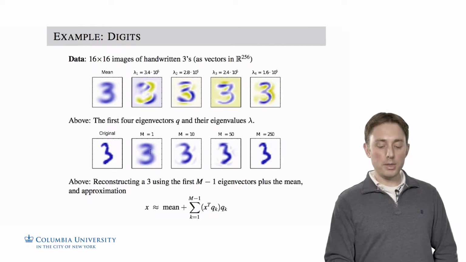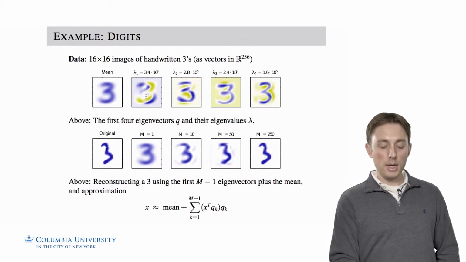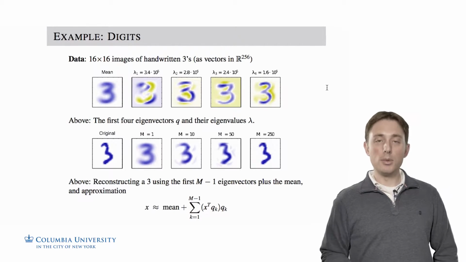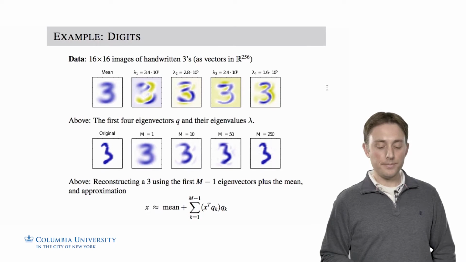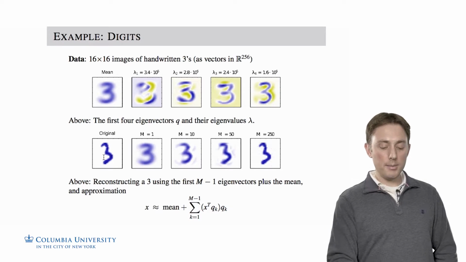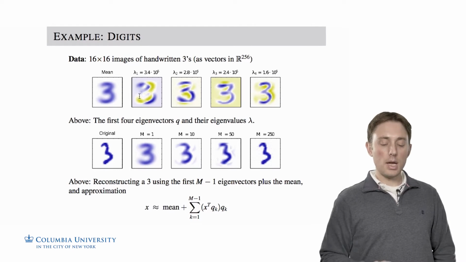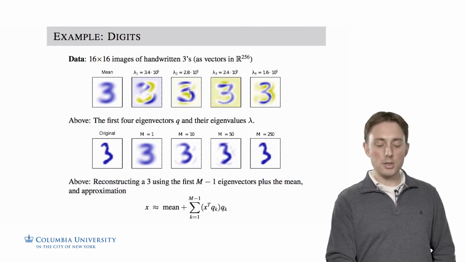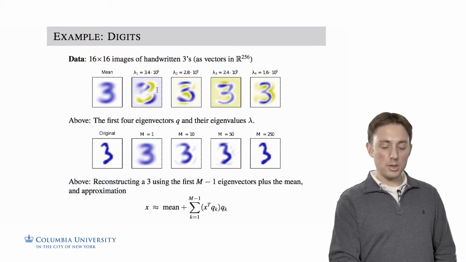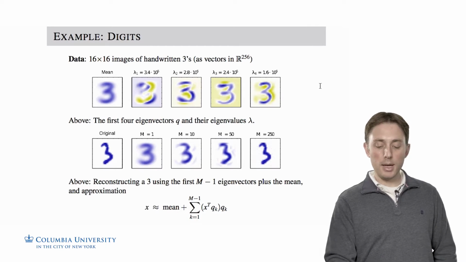But now if we want to represent it with one mean vector and 9 eigenvectors, meaning we learn 9 of these things from the original data, and now we take this image, we subtract off its mean, we take the result, dot multiply it by each of these images and sum up the results to get 9 numbers, and then we take the numbers associated with this dot product, multiply it by this image, and sum it with the same things for each of the remaining 9 images, we would get something like this.